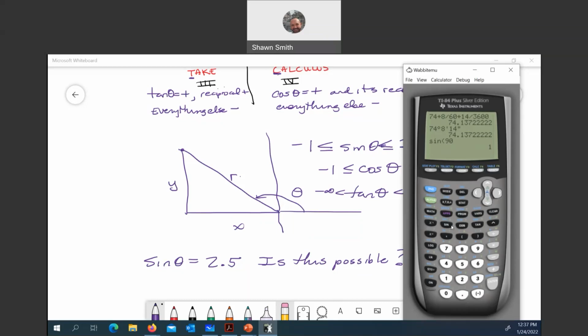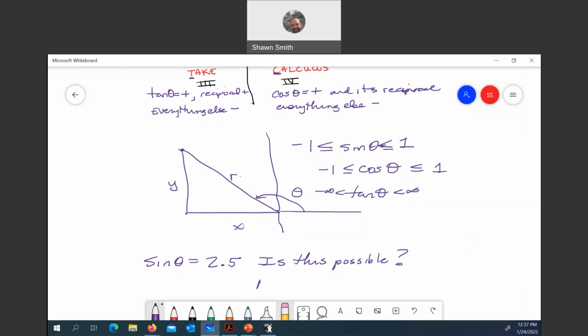Just take the sine of any angle. Sine of 60, oh, that's a number less than 1. The sine of -5698, positive 88.88. So you can kind of figure out that nothing is generating a number bigger than 1, right? So this can't be possible. No, it won't work. That's greater than 1.